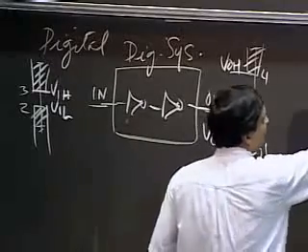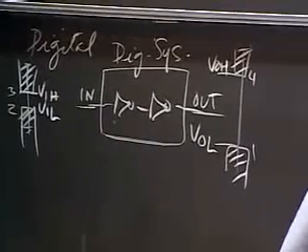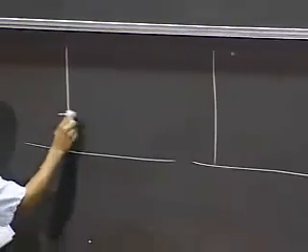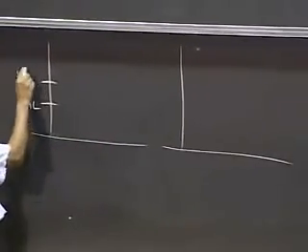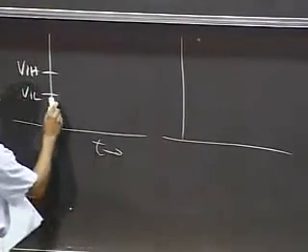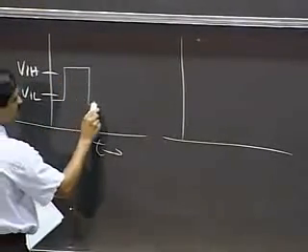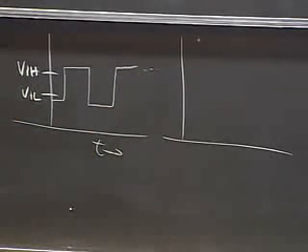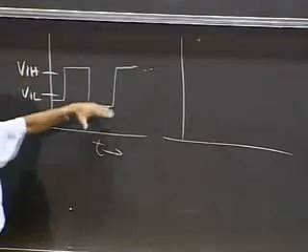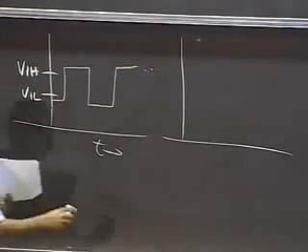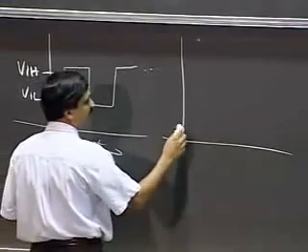So as an example, if I were to plot the input and output, I get my VIL here and VIH here. This is time. This would comprise a valid digital signal, 0, 1, 0, 1, and so on. Now, I had a tougher set of constraints at the output.